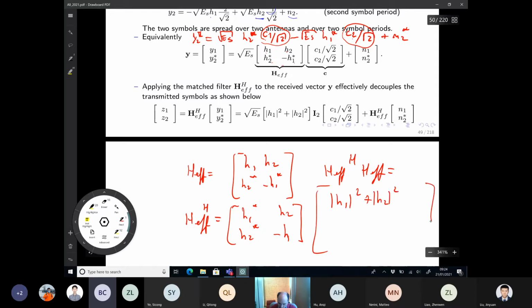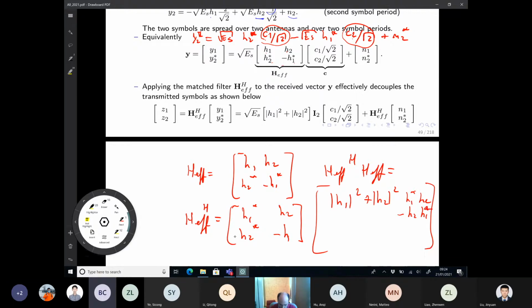I'm going to have a 2-by-2 matrix. If I do this row multiplied by this column, I have H1 conjugate multiplied by H2, plus H2 multiplied by minus H1 conjugate, so minus H1 conjugate H2.